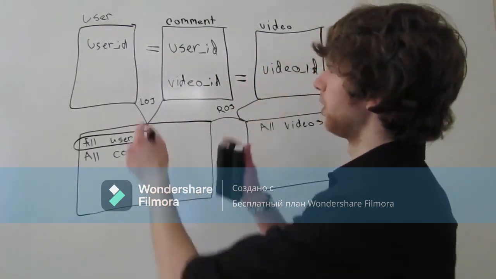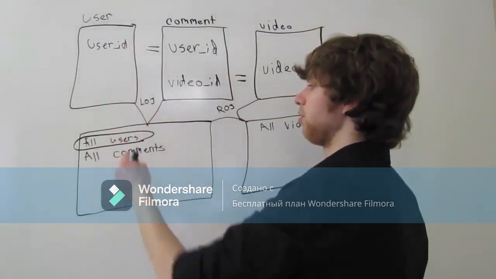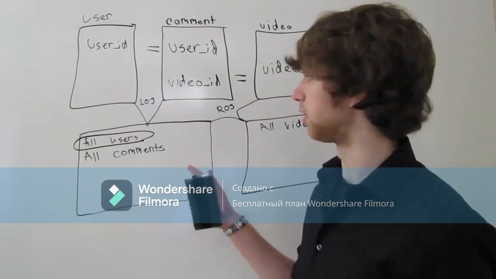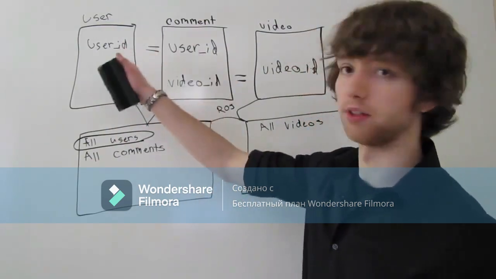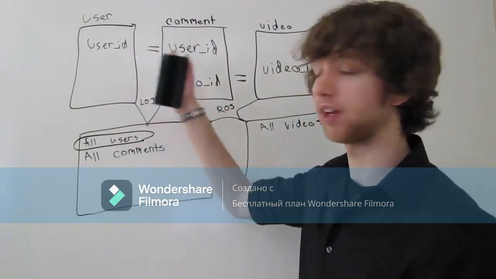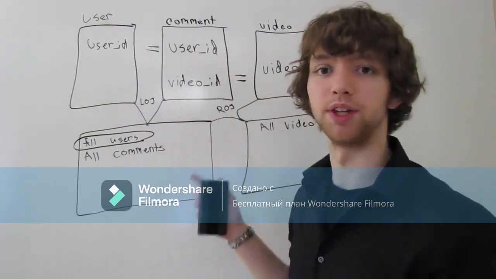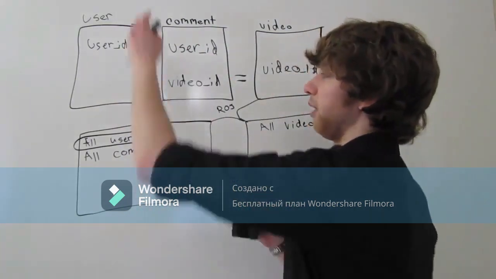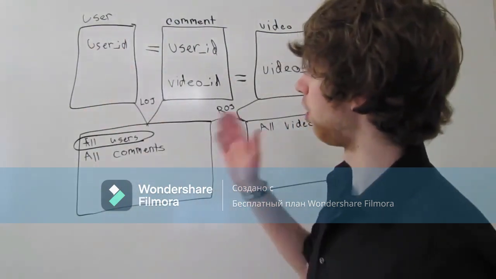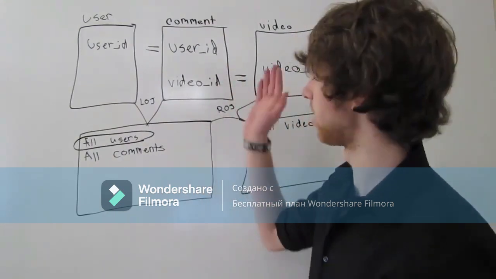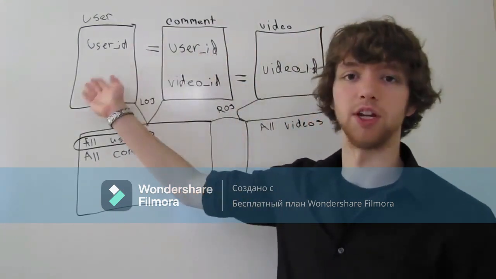So when we grab all of these, we have all the users and all the comments, because all the users will have a user ID, and we don't have to have those users in the comment table because it's a left outer join, which automatically takes all of the users. All of the comments will be returned because every comment will have an associated user.